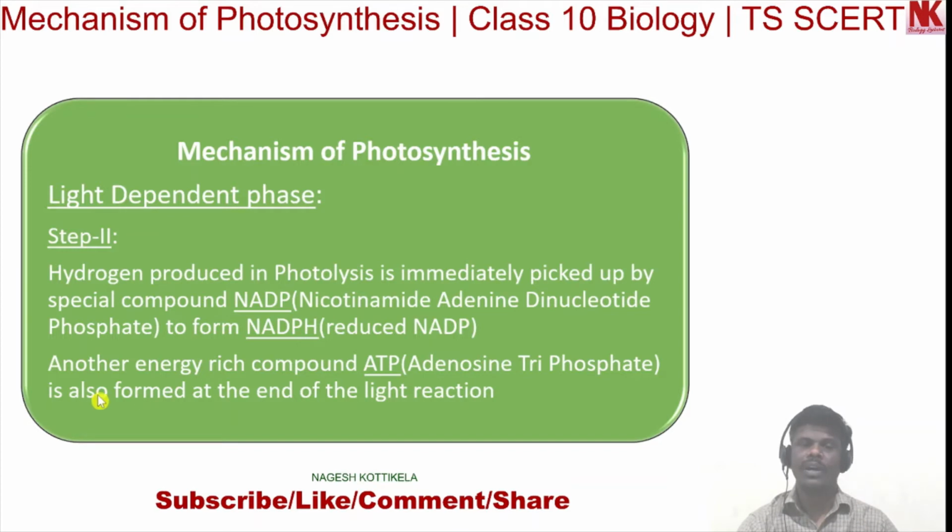Now, another energy-rich compound, ATP, is also formed at the end of the light reaction. So, at the end of the light reaction, energy-rich compounds like NADPH and ATP are formed.